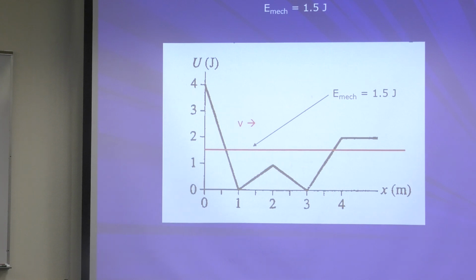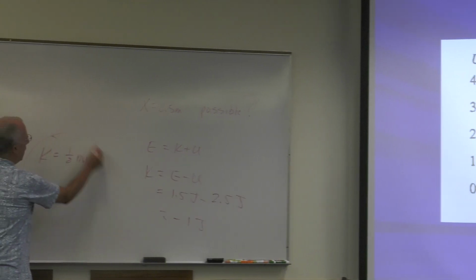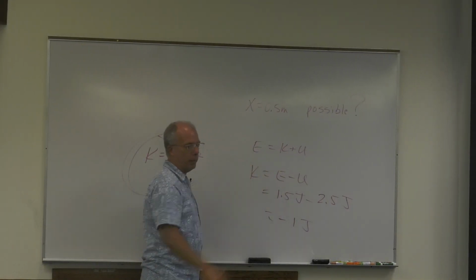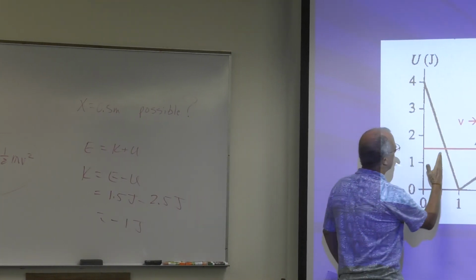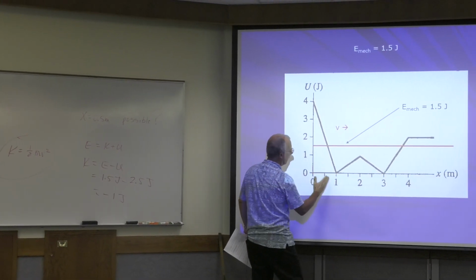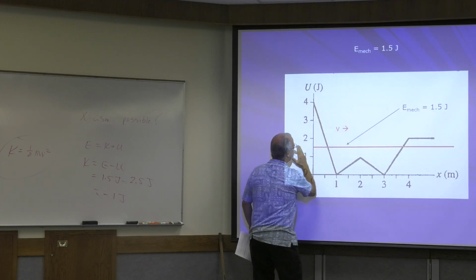Now, kinetic energy is 1/2 mv squared. How can that be negative? You can't have negative kinetic energy. This is always going to be positive. So in other words, it's ridiculous. It's impossible. So the forbidden regions are, the particle cannot be located to the left of here, right?